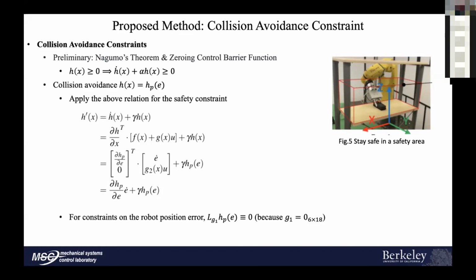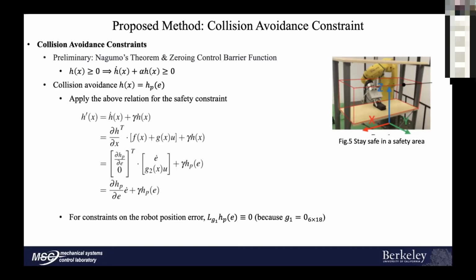Collision avoidance is only related to the robot position or position error, so we call it h_p, the constraint on the position, which only relates to the robot position or position error e. So we can apply the above relation and take the derivative of the safety constraint.